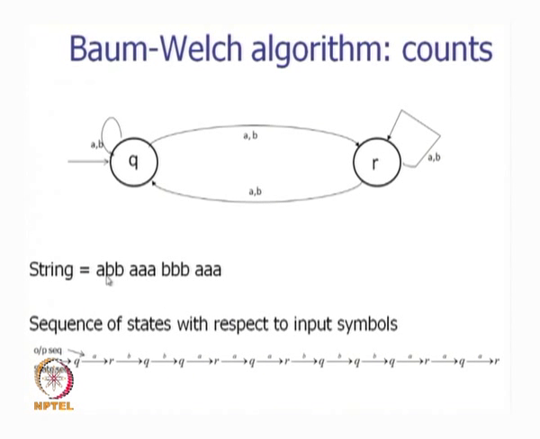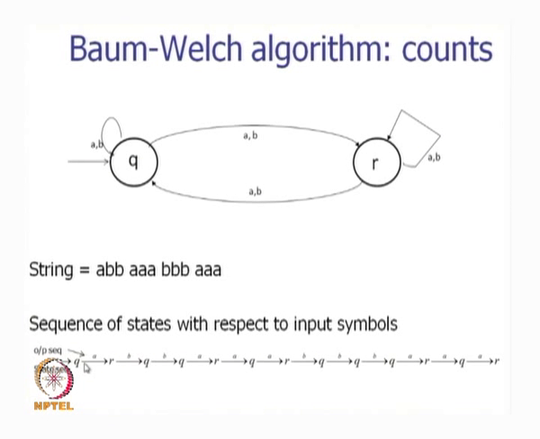Let us suppose that ABB, AAA, BBB, AAA is the sequence which is produced by the machine shown above. Now, this is a machine where all transitions are possible, and therefore, given this observation sequence, many state sequences are possible which produce this output sequence.